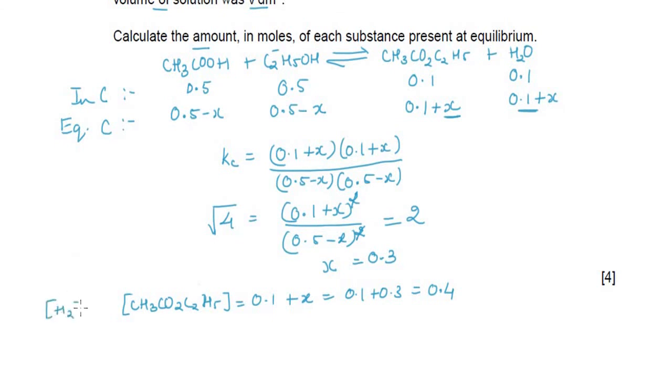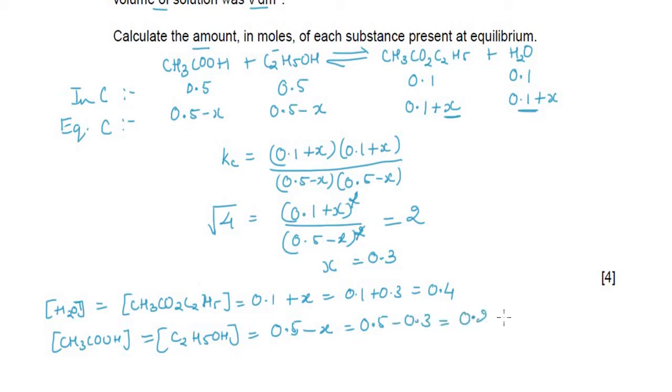Same in the case of carboxylic acid, that is ethanoic acid, and the ethanol also have the same concentration, which is 0.5 minus x. So this gives us 0.5 minus 0.3, which is equal to 0.2 moles for both the reactants and 0.4 moles for both the products, and this is what we have to calculate, that is the amount in moles of each substance present at equilibrium.